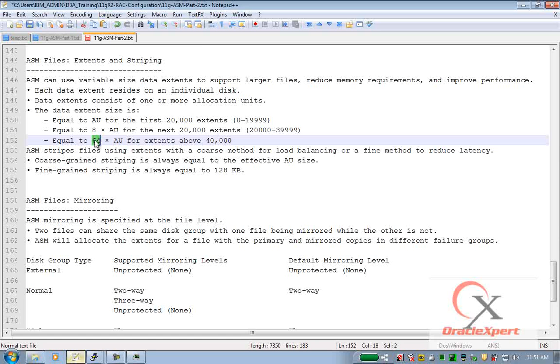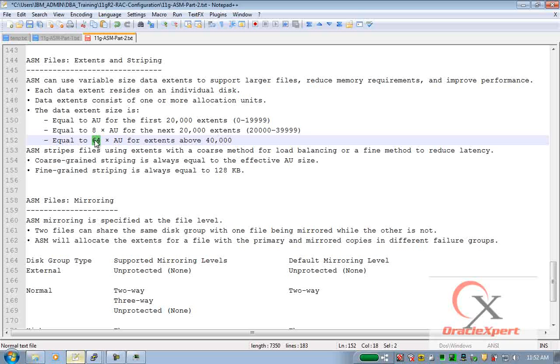If you see, this is quite similar to segment and extent sizing. So first couple of extents are of 8 blocks. Then next couple of extents are of 128 blocks. Then next couple of extents are of 1024 blocks. So on similar lines, the data extent sizes are decided.